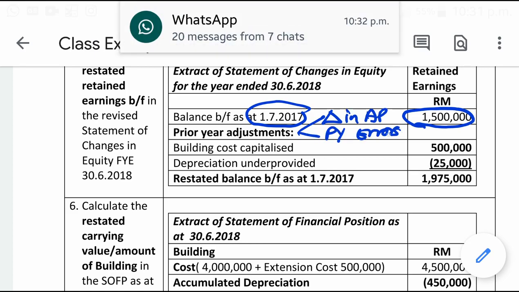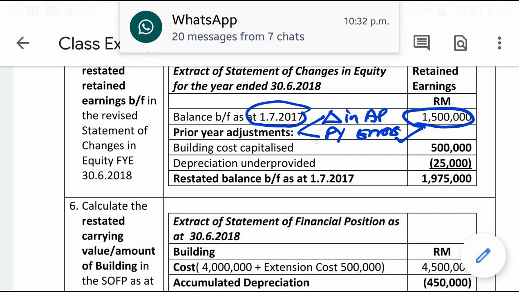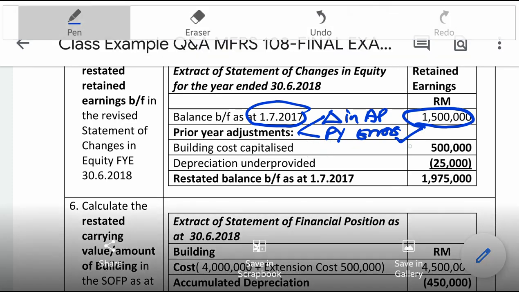Those are normally adjusted in the prior adjustment. In our case, it's just this prior year error. So you need to add up the building cost that is being capitalized. When you add that building cost, you have already done that in the last year's financial statement, right? Because of that, it will have increased the retained profit.